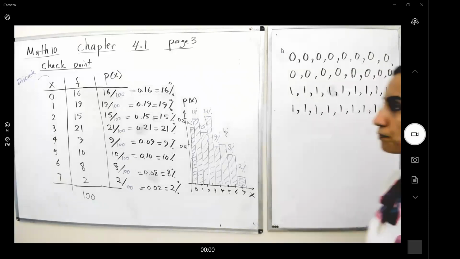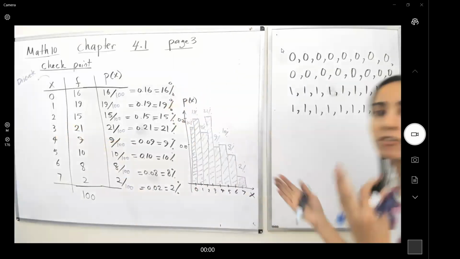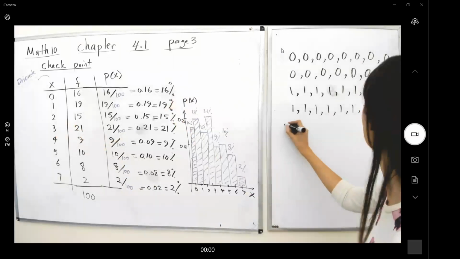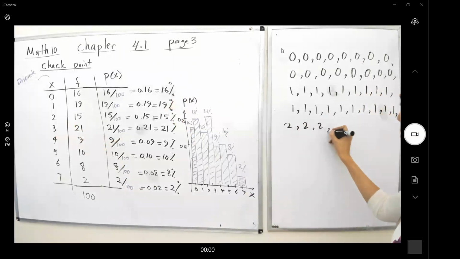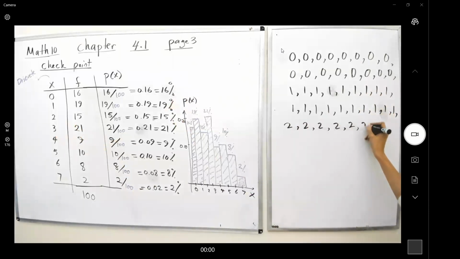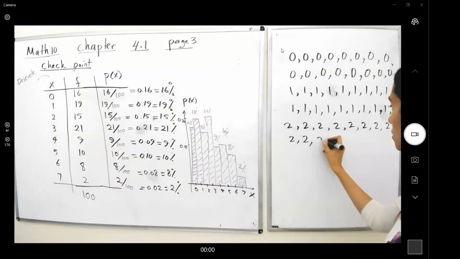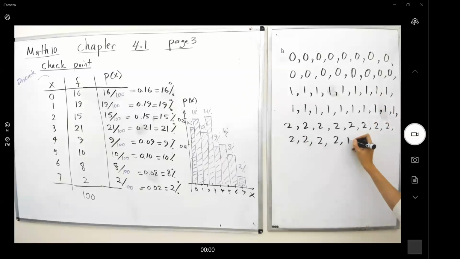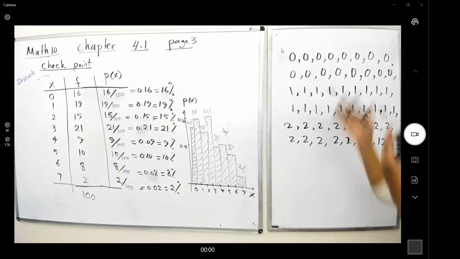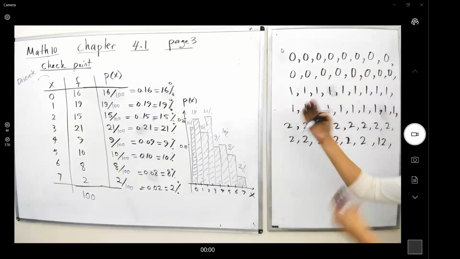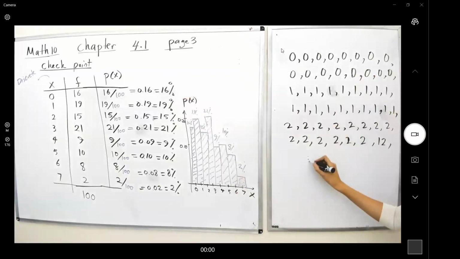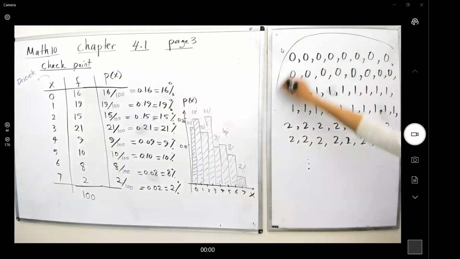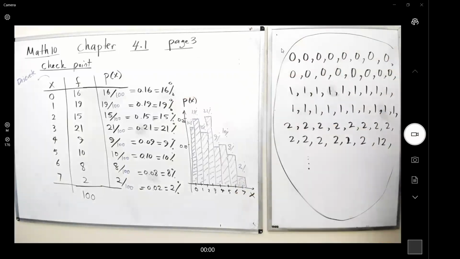2 is repeated 15 times. And you can actually just list the rest of the numbers that you have in your collection. So this is the data they actually collected.